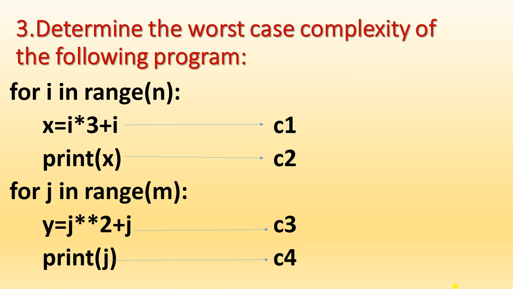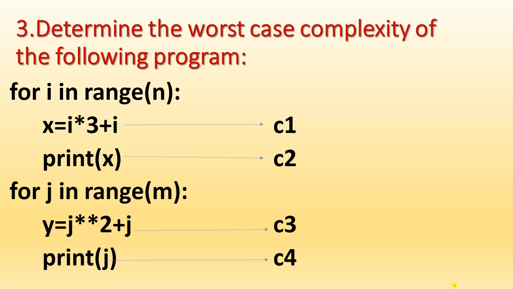Now third is, determine the worst case complexity of the following program. You have to calculate the worst case complexity. Now see, in the question the examiner will ask you the best case and the worst case. Why not the average? Because the average case is very complex.